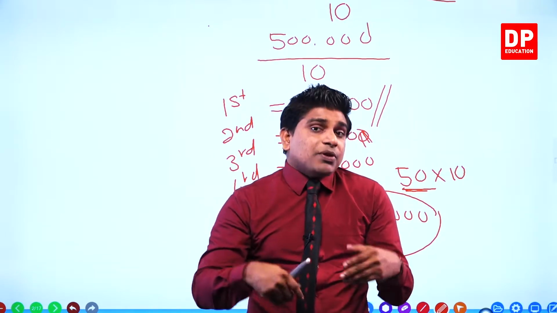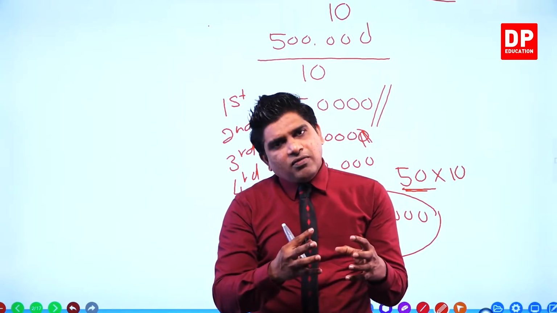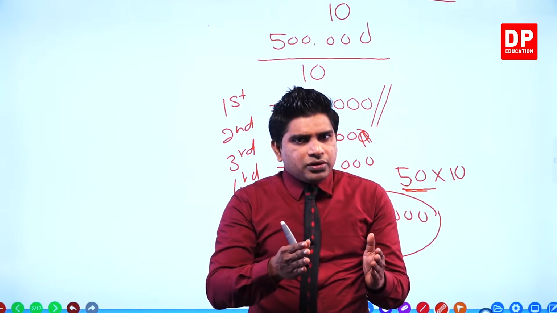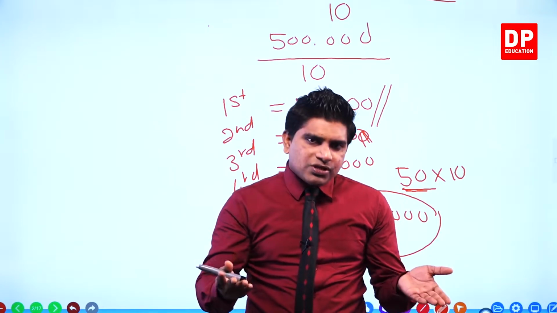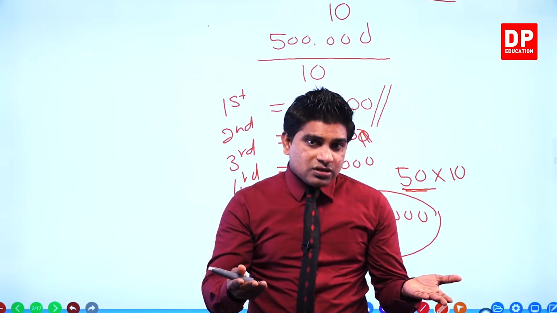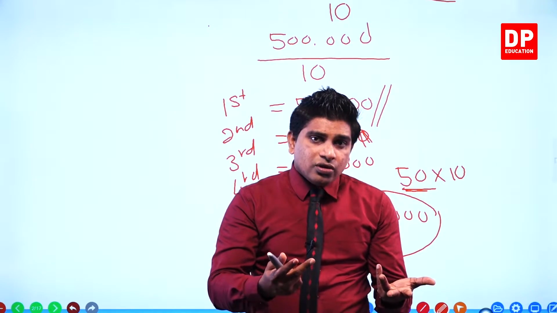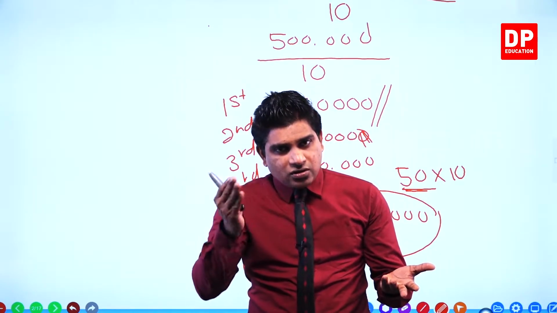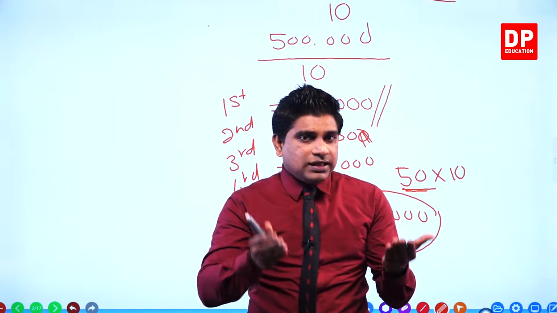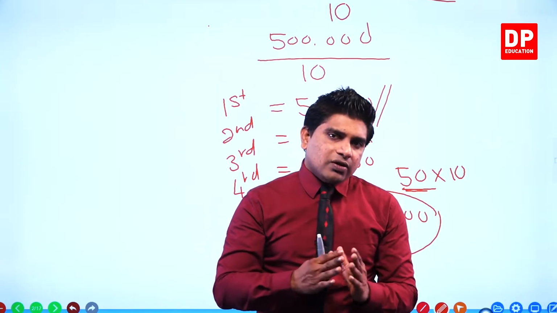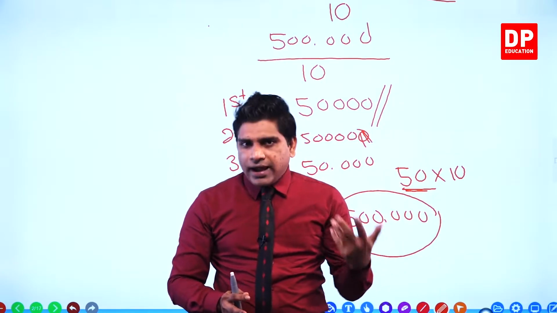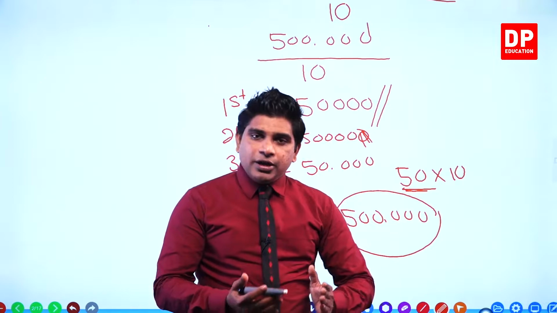Depreciable value means the value that we use to calculate the depreciation. What is the value that we have taken to write off 10% or 5% or 20%? That value is the depreciable value. Depreciable value is calculated as cost minus scrap value.